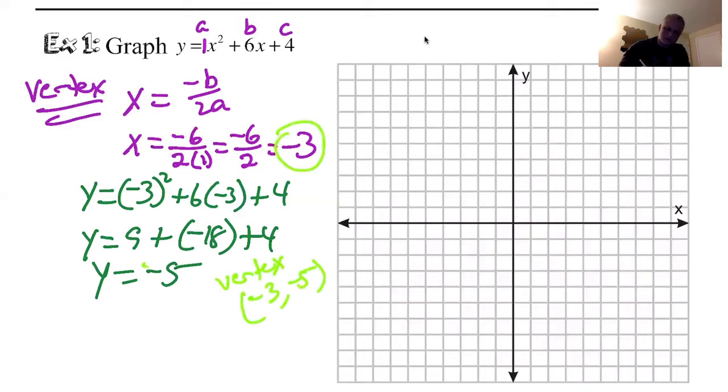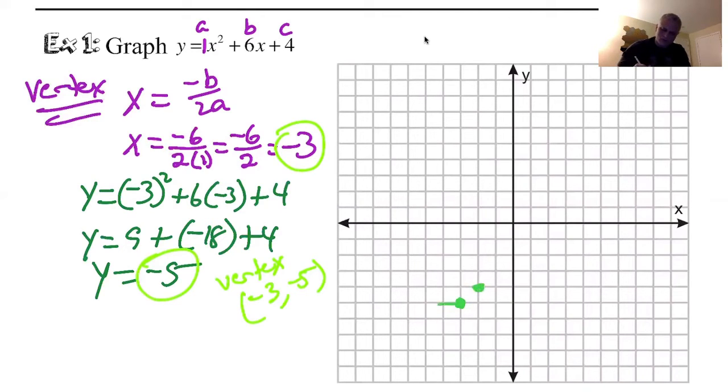There's my x and there's my y. So I'm going to go to -3, and then down 1, 2, 3, 4, 5, right there. That's my vertex. So now what are we going to do from our vertex? Well, the A is 1. Great. I'm going to go right 1 and up 1.